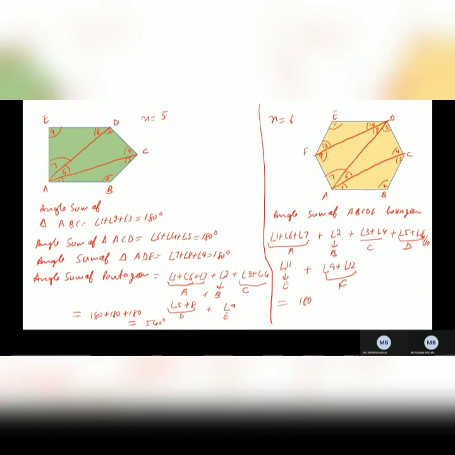So it will be 180 degrees, 180 degrees, 180 degrees and 180 degrees. So it will give you 720 degrees.